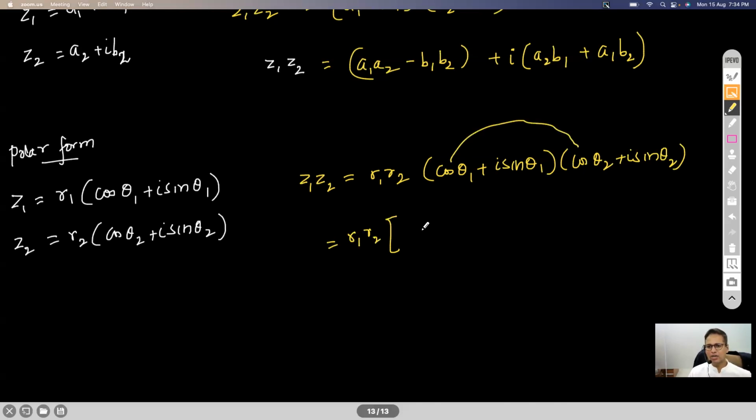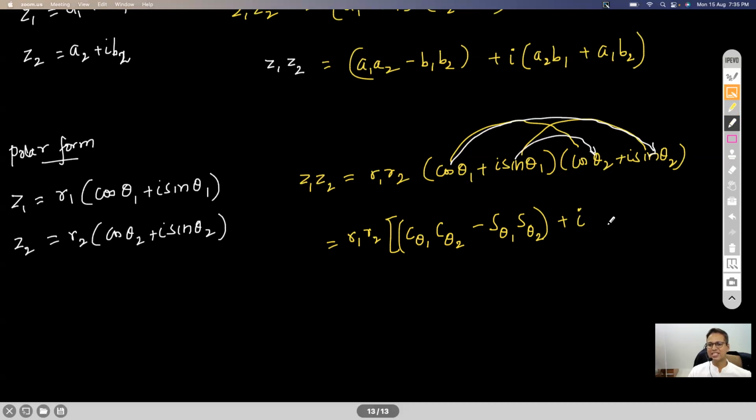So this with this will give cos theta 1 cos theta 2, and this with this will give minus sin theta 1 sin theta 2. So this will become the real part. The imaginary part you will obtain when you multiply this with this guy and this with this guy. So you'll end up getting the imaginary part as cos theta 1 sin theta 2 plus cos theta 2 sin theta 1.